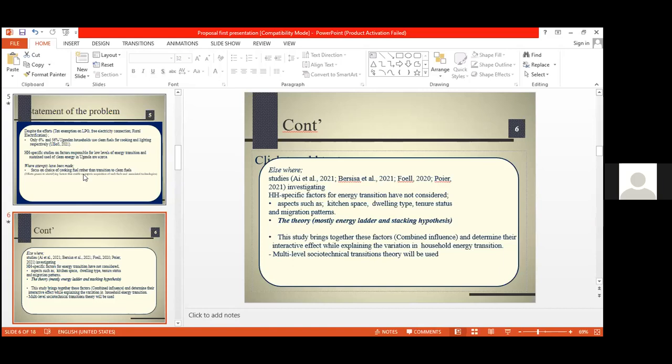And then the other issue I want to talk about is whereas he attempts to bring up theories to explain the framework, most especially linking both endogenous factors and exogenous factors to transition to clean fuels, I think he needs really to do more, most especially in explaining how the different theories he is proposing to use to explain that framework can link up to bring up a clear understanding of transition to clean fuel in the context of Uganda.